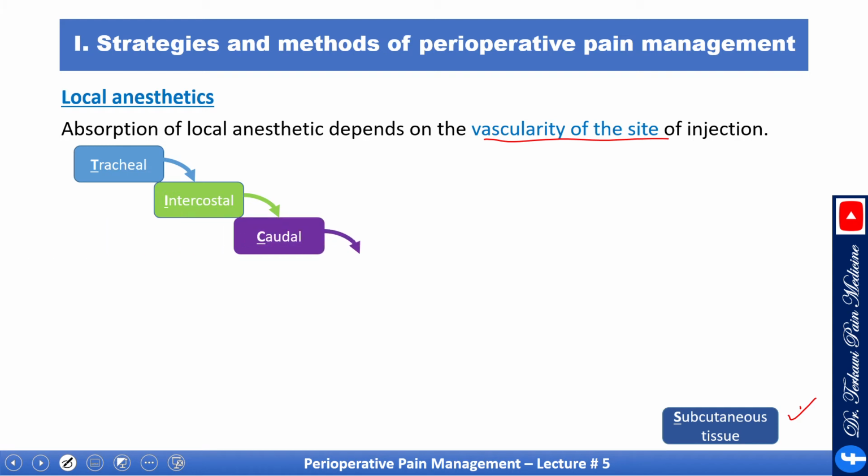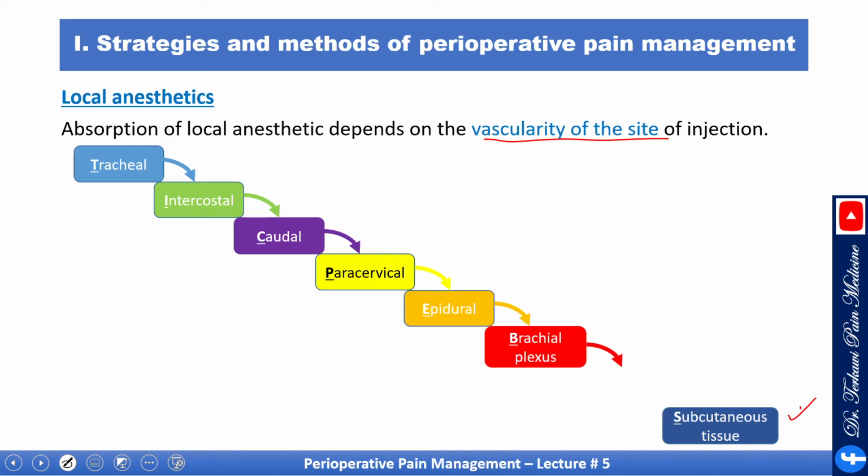So after tracheal and intercostal will be caudal, then cervical, then epidural, then brachial plexus, then peripheral nerve, and finally subcutaneous tissue.